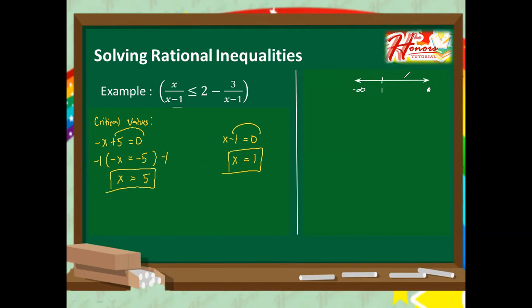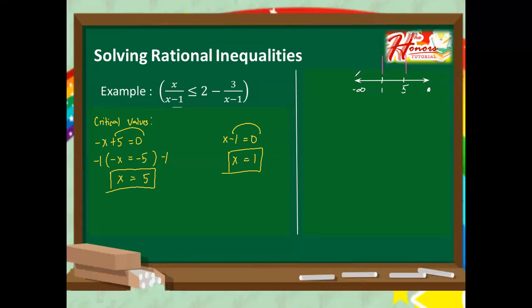So this is 1, this is 5. And then we have to have our intervals. On the first part, again, as I have advised you in the first video, please have the border. So therefore, you may know how many intervals you should have.